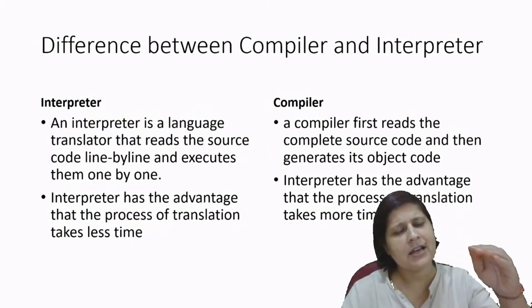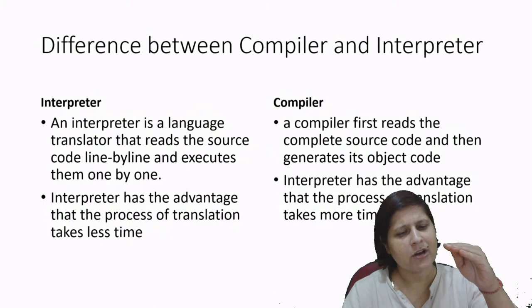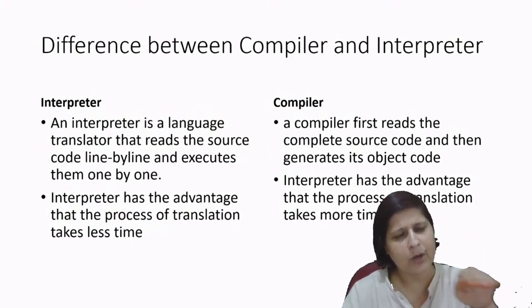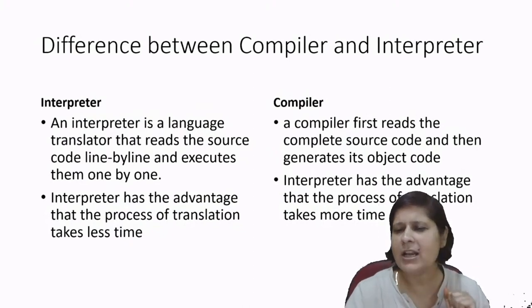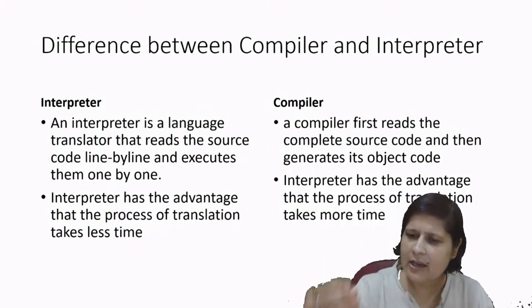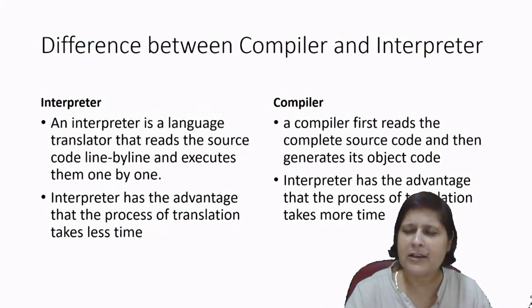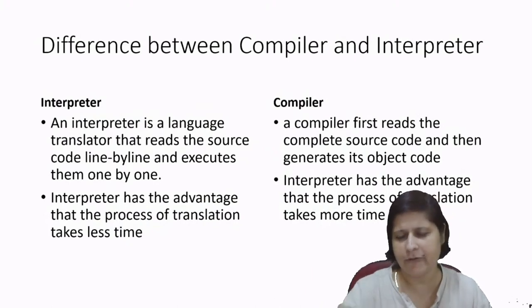It will read the program and convert and execute it one by one, while the compiler first reads the complete source code, the whole program, and then generates the object code.